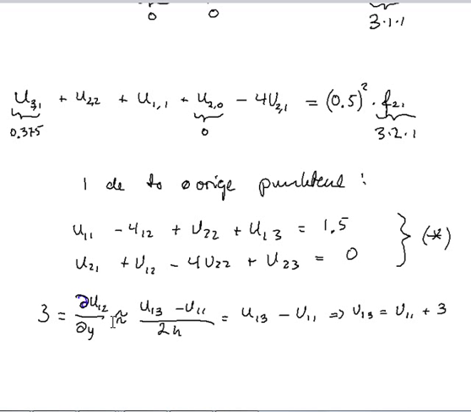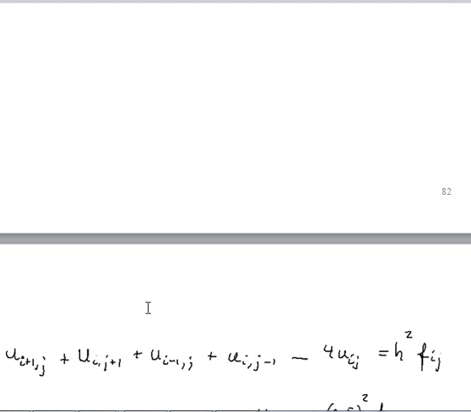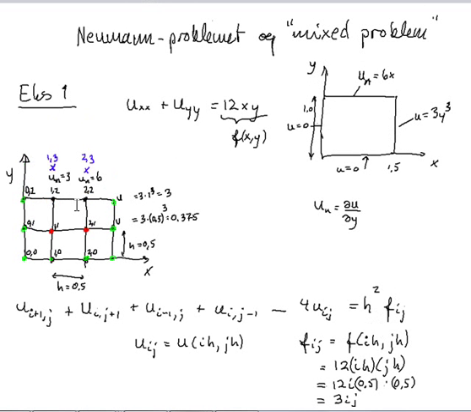On the other hand, we know that the derivative on the top, the partial derivative of, for example, u_12 with respect to y, is approximately equal to the difference between, let me show you. This we have proven earlier, that it's approximately equal to the value of u in this point minus the value in this point over the distance between these 2 points, which is 2h.